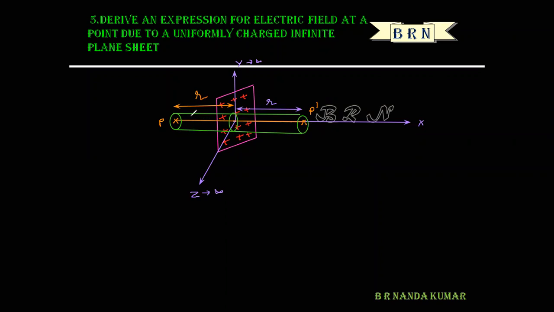After that, we have to choose an imaginary Gaussian cylinder taking P and P dash as the axis.